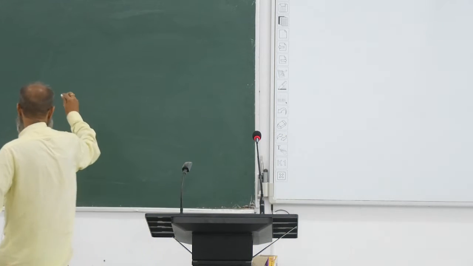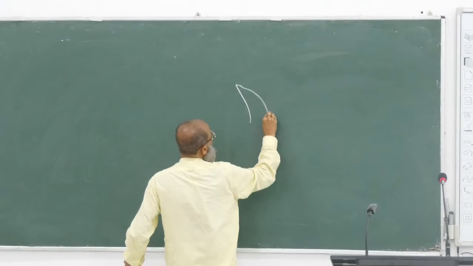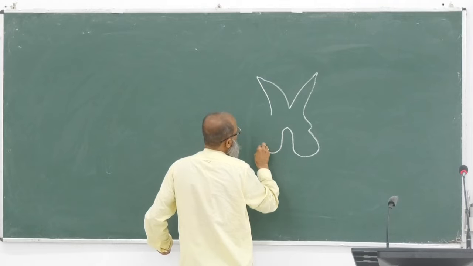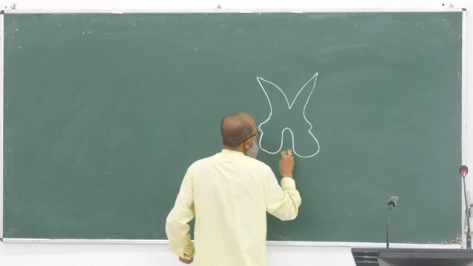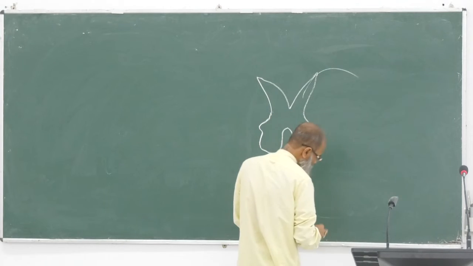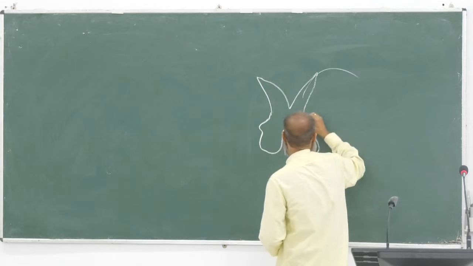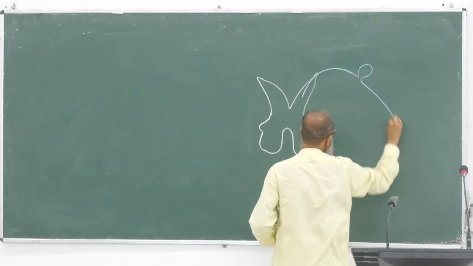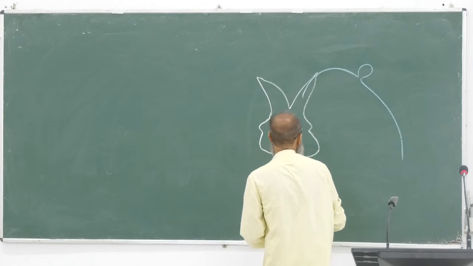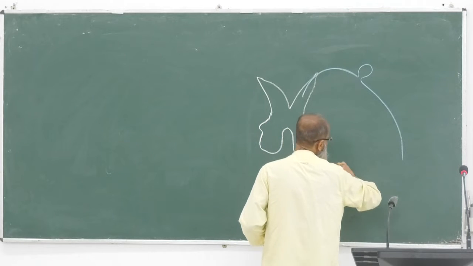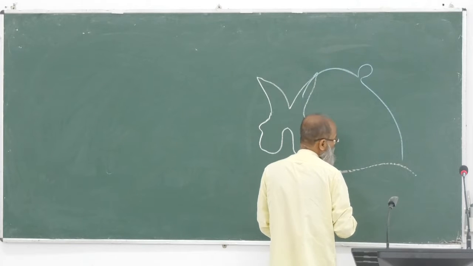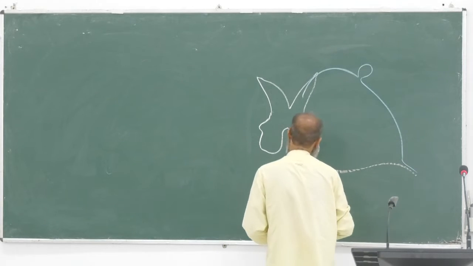If you draw a spinal section like this, so this is a sensory root coming out, and this is a motor root coming out, forming the nerve root. This is the common trunk.